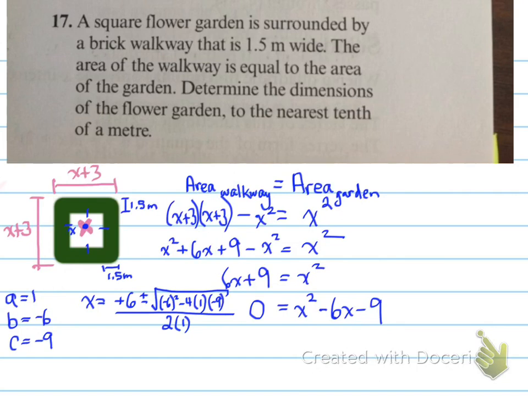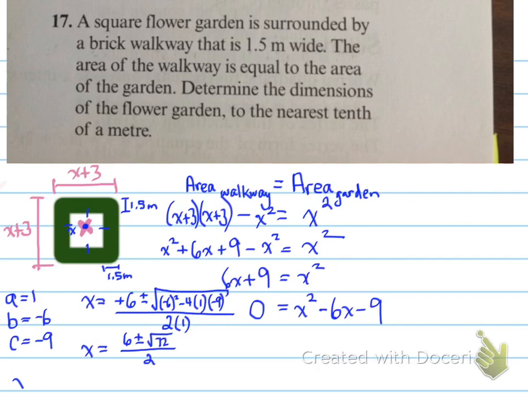So when I plug that in, I will get the discriminant first, because remember, whenever we use the quadratic formula, you need to show the discriminant first, and you will get x is equal to 6 plus or minus the square root of 72, all over 2.